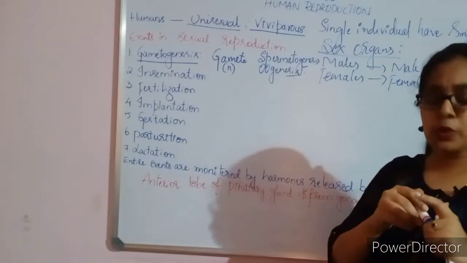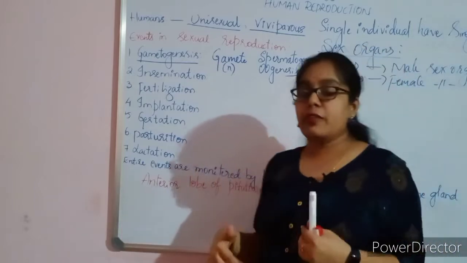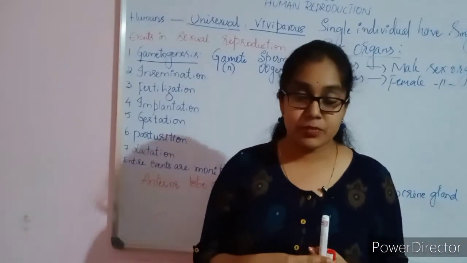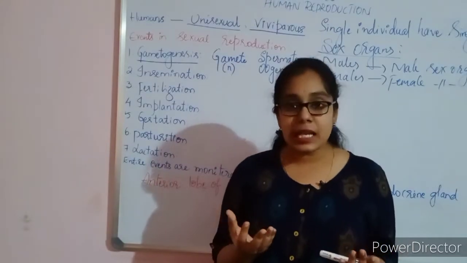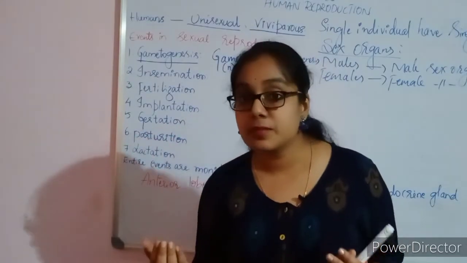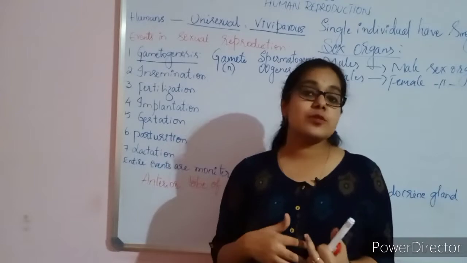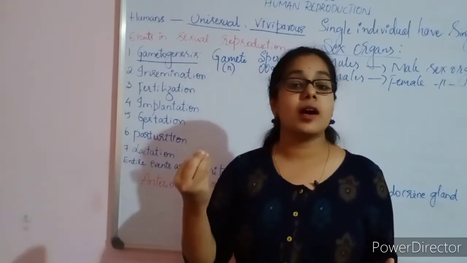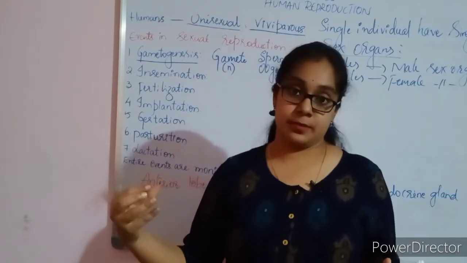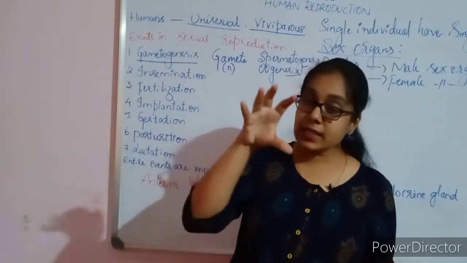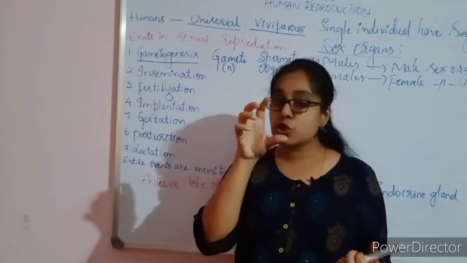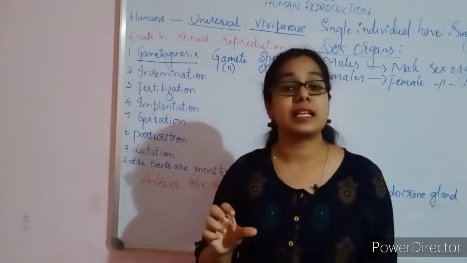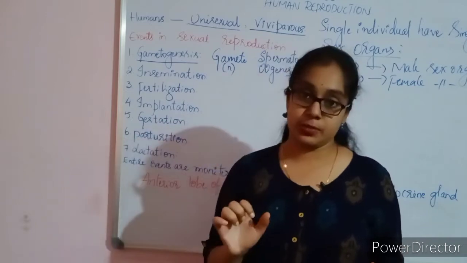Do you remember that our human body is made up of 2 types of cells? One is somatic cell, another one is germ cell. Somatic cells are also called body cells, whereas germ cells are nothing but sex cells. Understood? These somatic cells always show mitotic division, which is nothing but equational division.